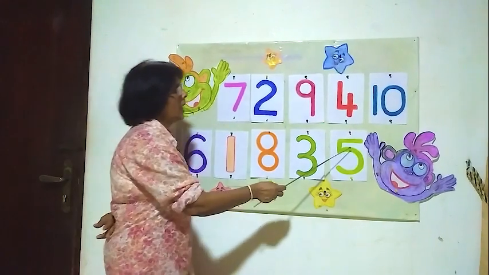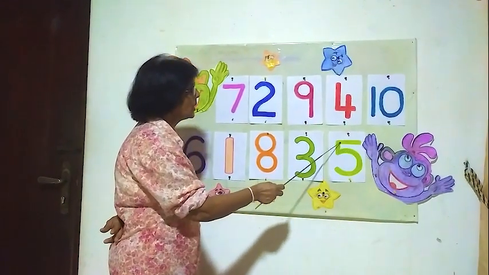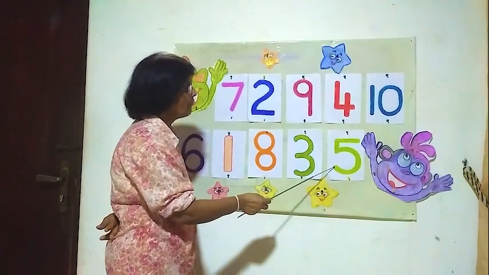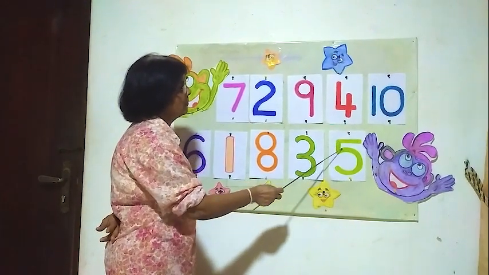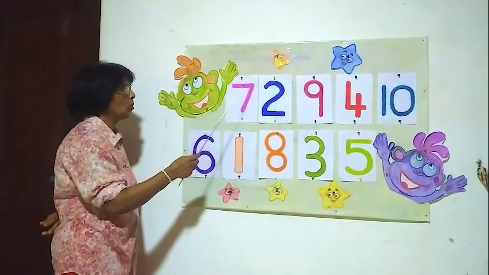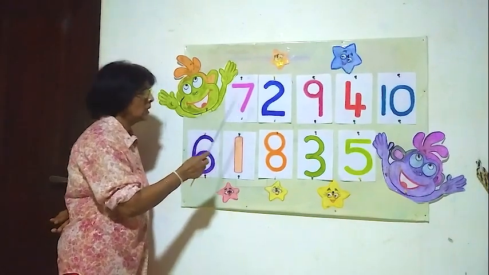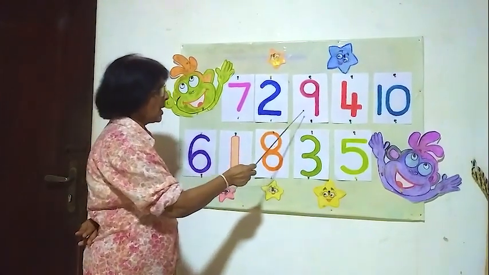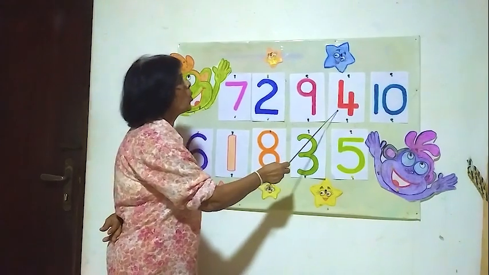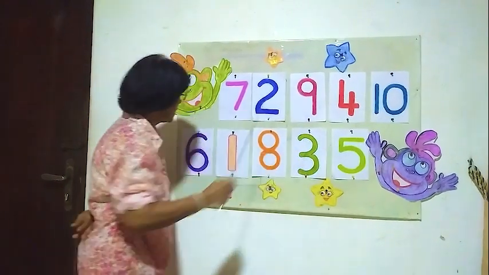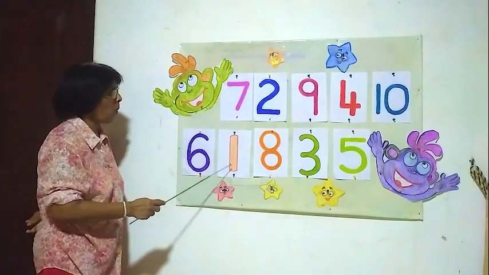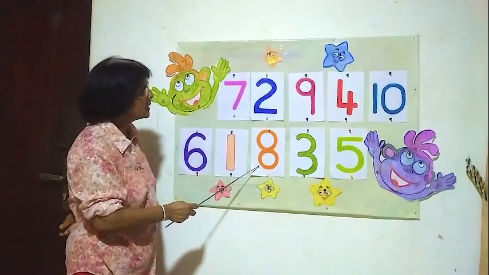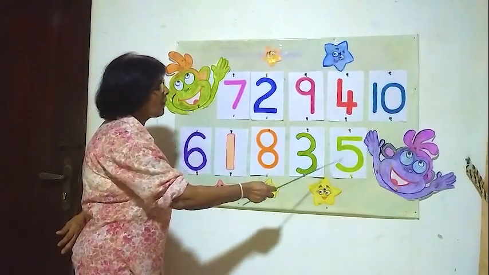And here this number is number 5. Okay. Now 7, 2, 9, 4, 10, 6, 1, 8, 3, 5.